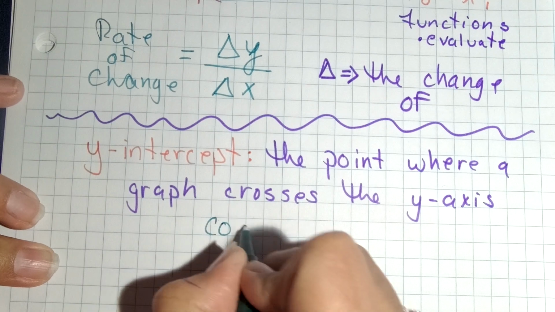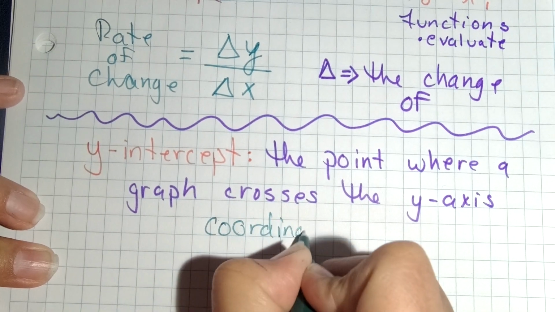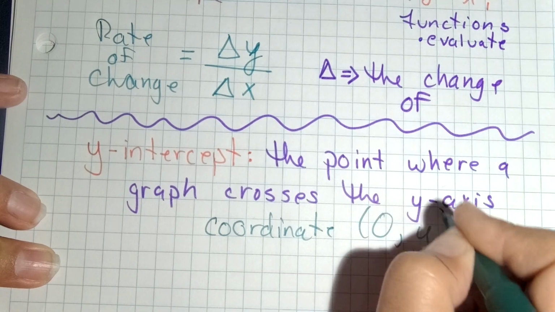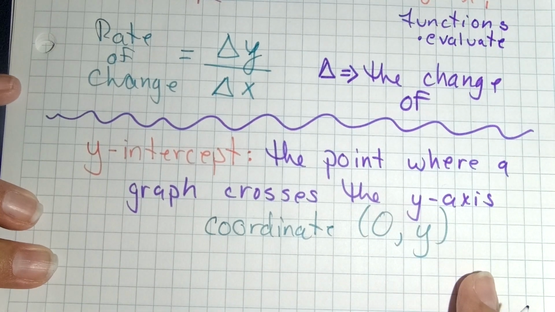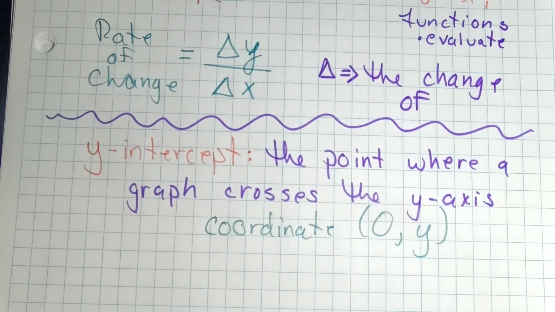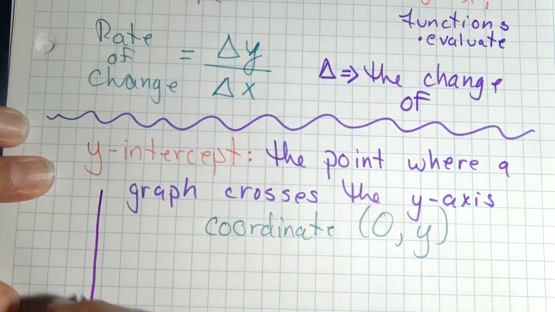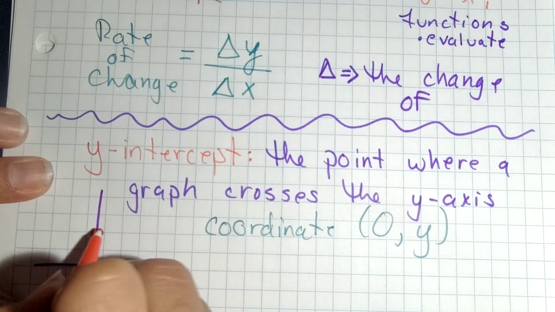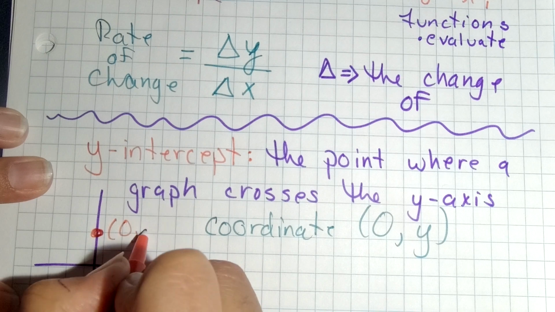The coordinate for that is going to be 0, comma, y, where y is some value on the y-axis, okay? So if I had a graph here, this would be the y-intercept at 0, comma, y.